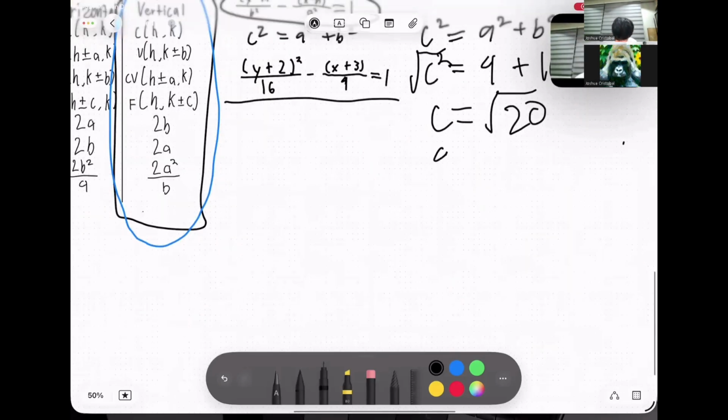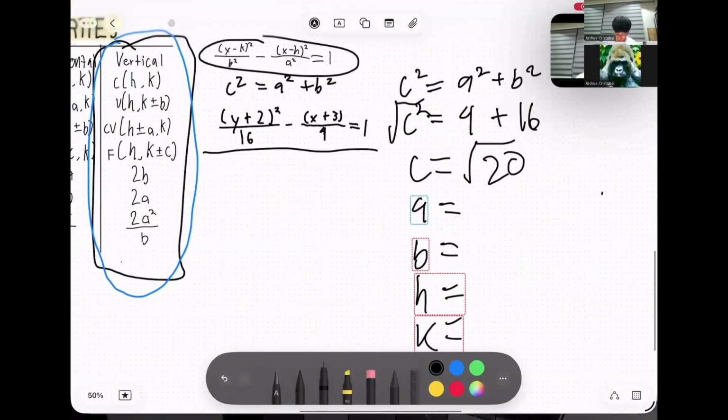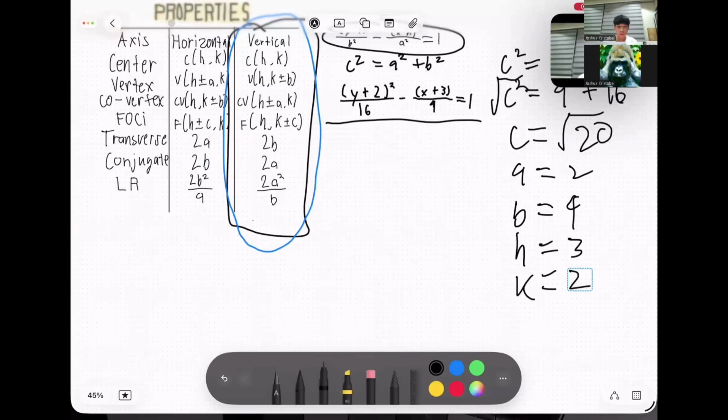And let's just get everything that we will need in solving this: h and k. So a is the square root of 4, just 2. And b is the square root of 16, just 4. And h is 3 and k is 2. Let's solve first for the center. The center is given at h comma k, so it's going to be 3 comma 2. The vertices are at h comma k plus minus b.